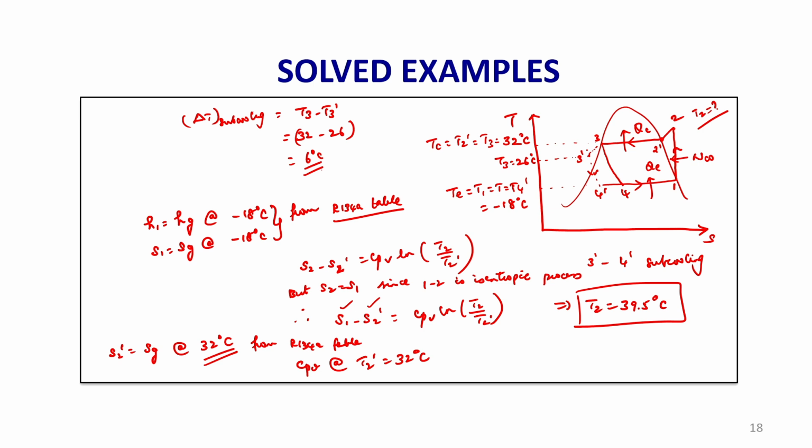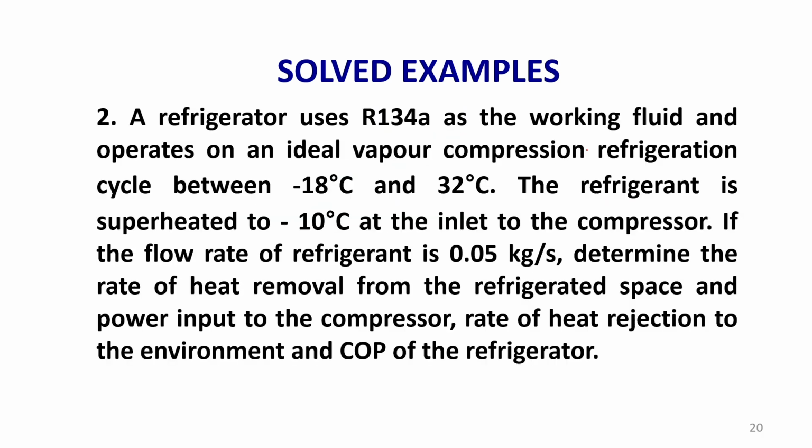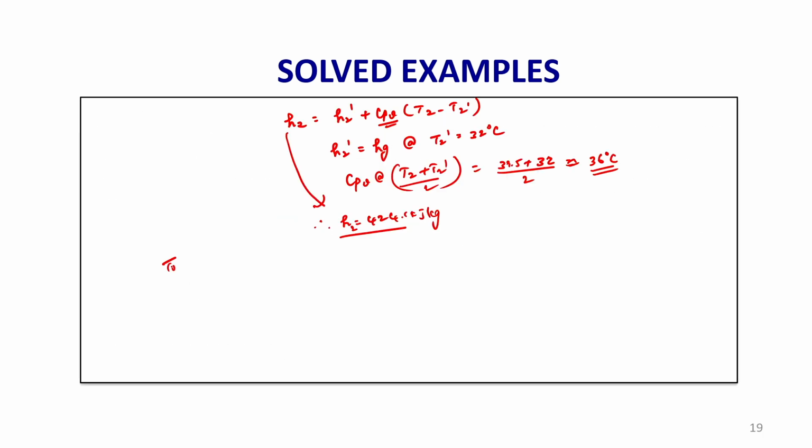There is a formula to find it, because we know the temperature at T3 dash: it is subcooled from 32 degree centigrade, that is condenser temperature, to a temperature of 26 degree centigrade. This is not the case in the previous problem. H3 dash we have to find only if subcooling is there, otherwise H3 equals H4.